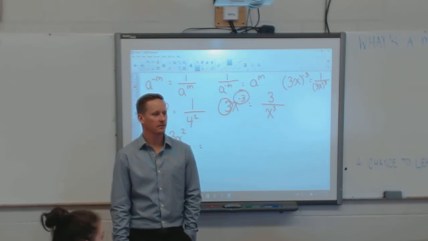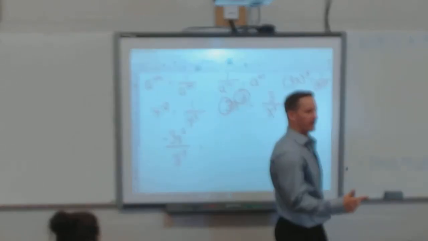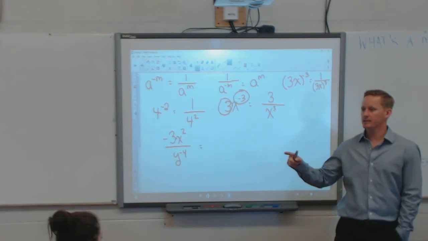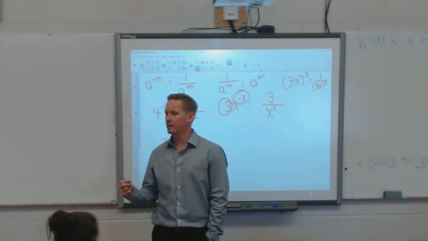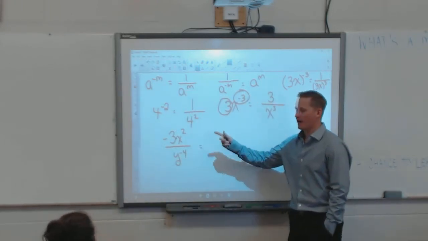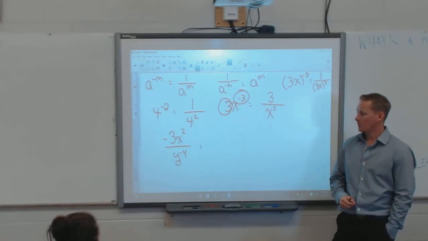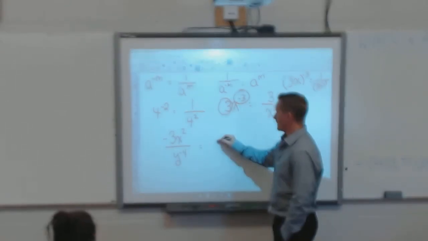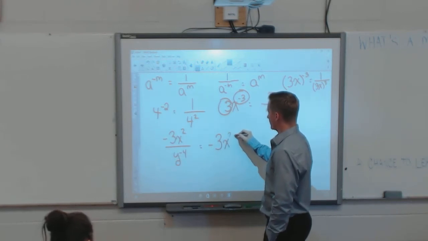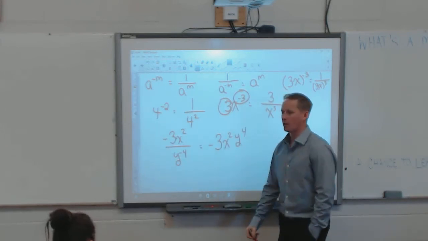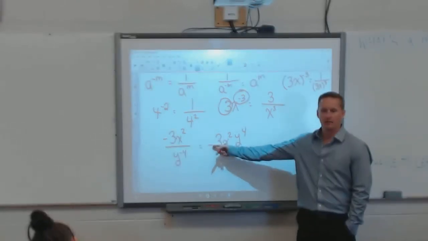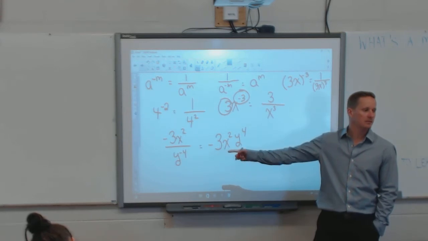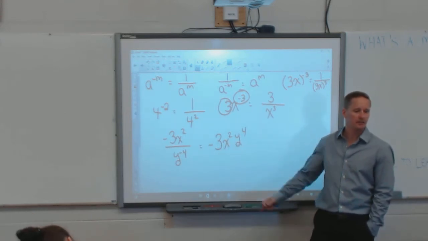No. So that's what I'm getting at, right? Why am I switching these? Because the exponent is negative, not the number. The exponent is negative, so which one of these do I have to actually move? Y negative 4. So what does it become? Negative 3x squared y to the 4. And you're done. The negative can stay there. It doesn't affect exponents if it's in front of the number.